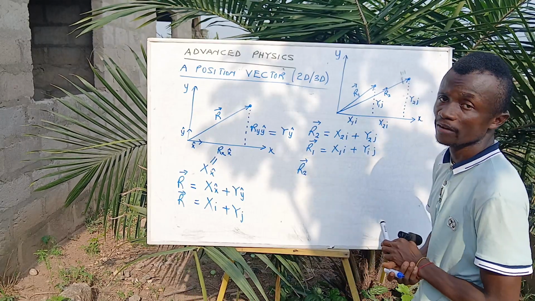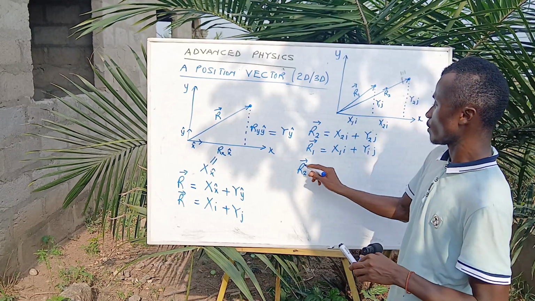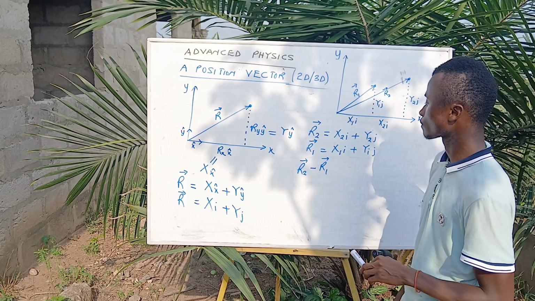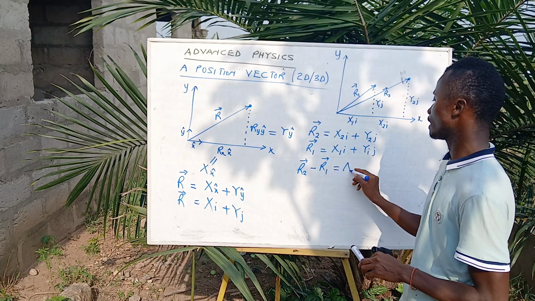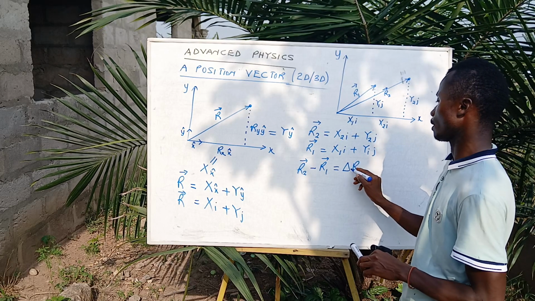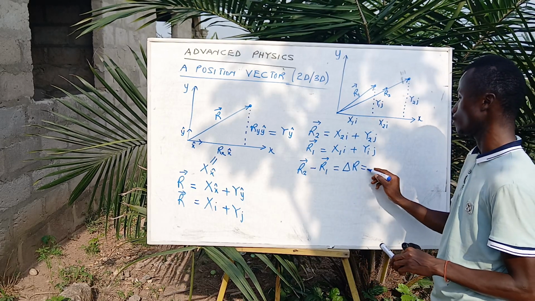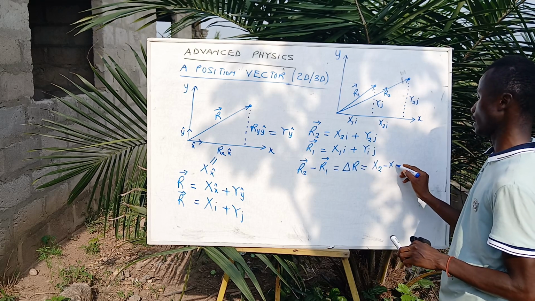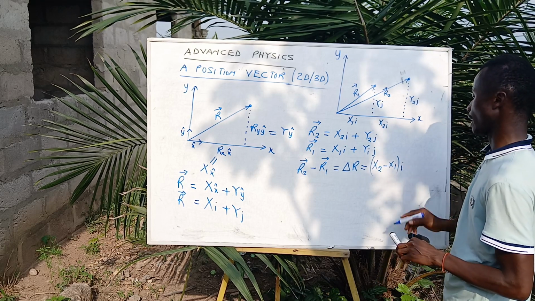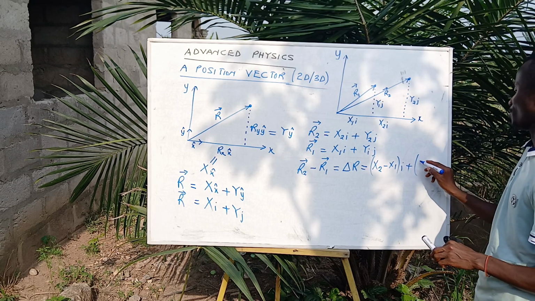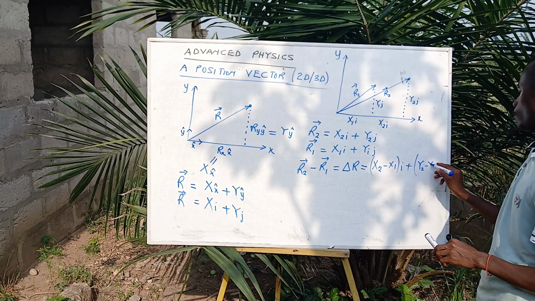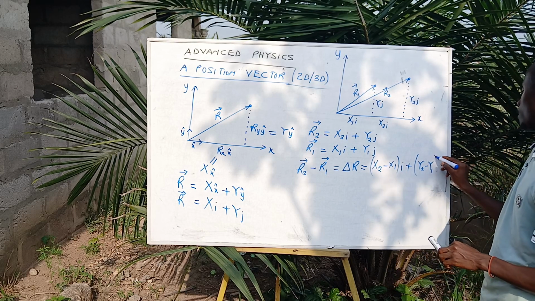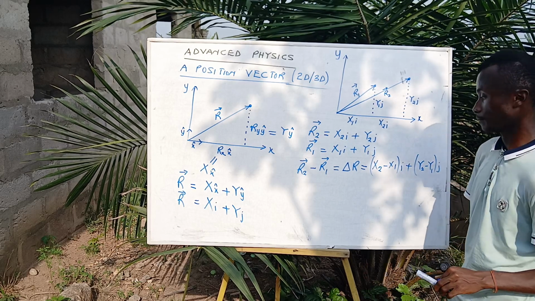Remember the arithmetic of a vector. Vectors can be subtracted. So the final position minus the initial position. Let's see what that gives us, which is equal to a change in r. I'll call that delta r. It is equal to, let's subtract the x component, of course, x2 minus x1, both pointing in the i direction, plus y2 minus y1, both pointed in the j direction.